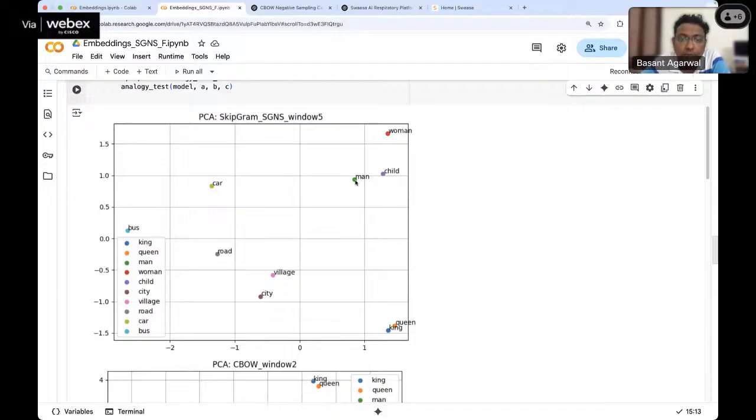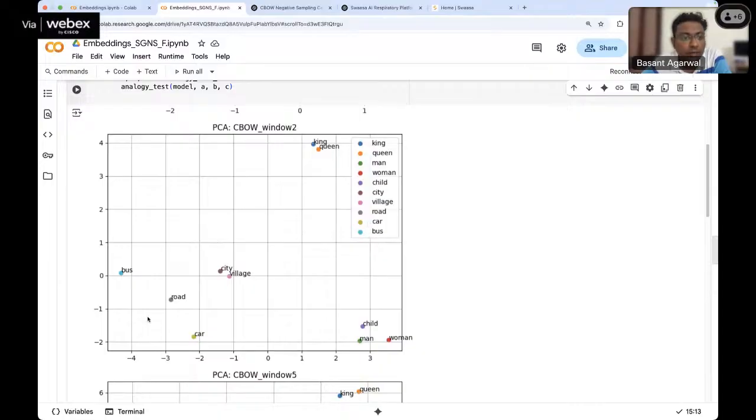See the relation between men and women, and a similar kind of relation between king and queen. And bus is far from city and village, while city and village are quite close to each other, compared to car, and road is also on that side. It is not perfect, but the words we have chosen show quite good results.